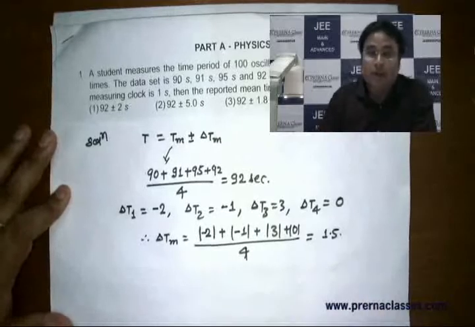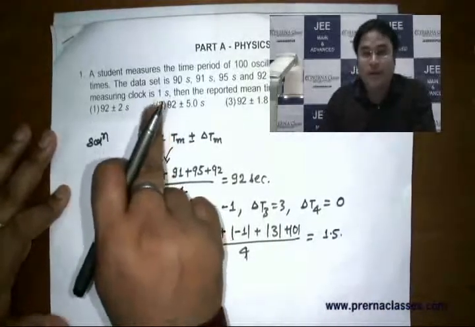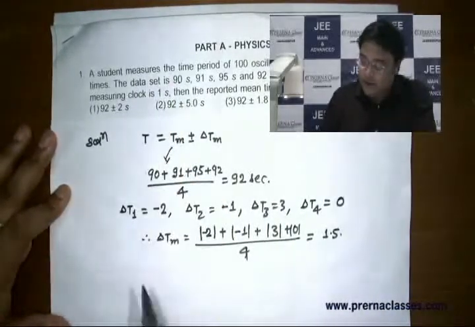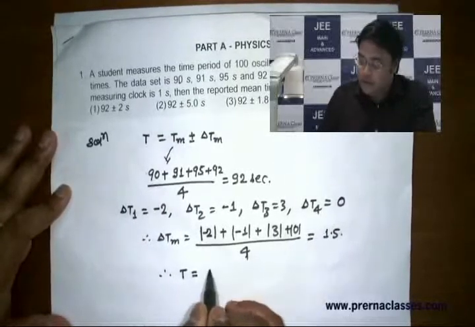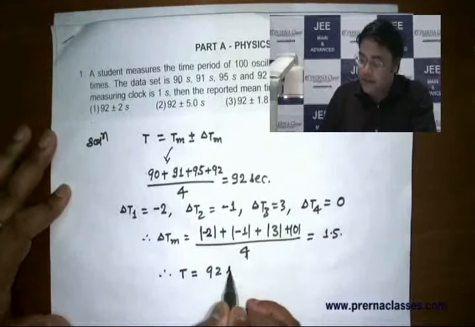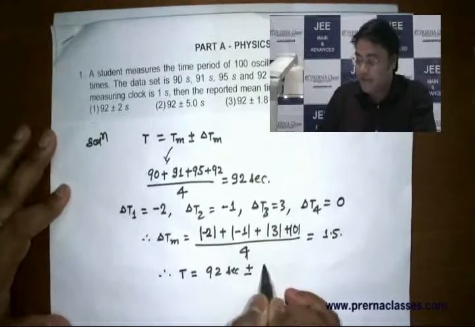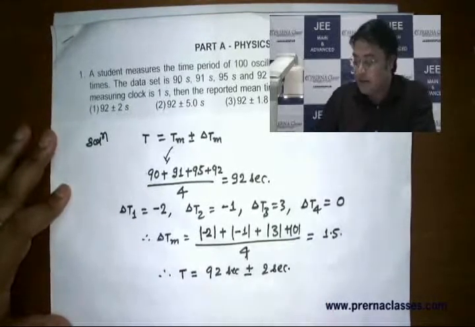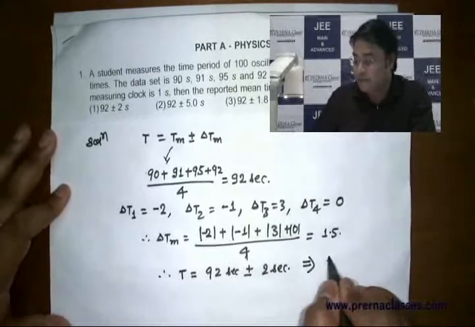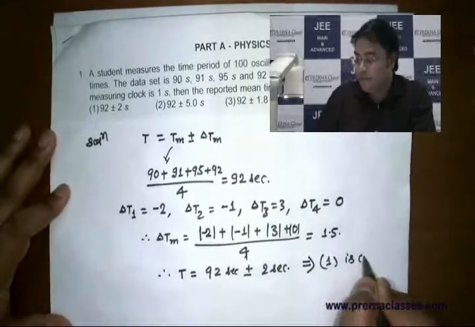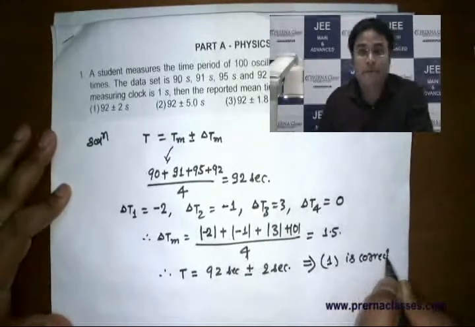But the least count of the measurement is given as 1 second, so the actual value of the reported time is 92 seconds plus minus 2 seconds. Okay, so option 1 is correct. Clear?